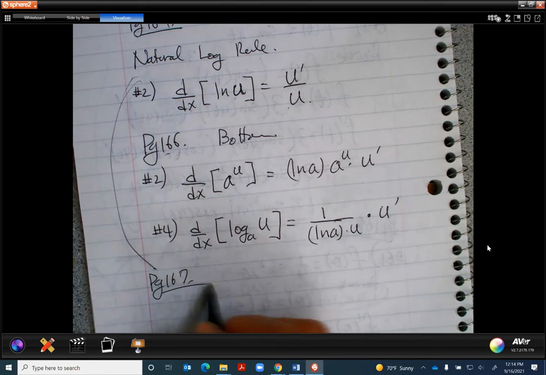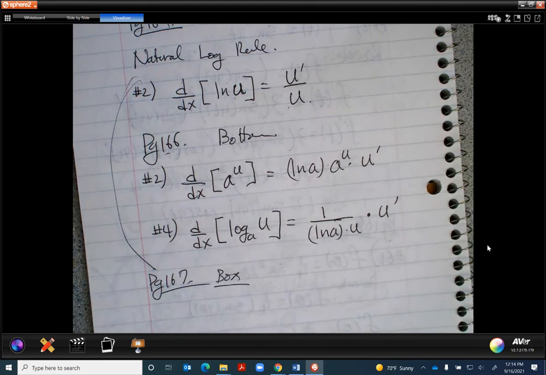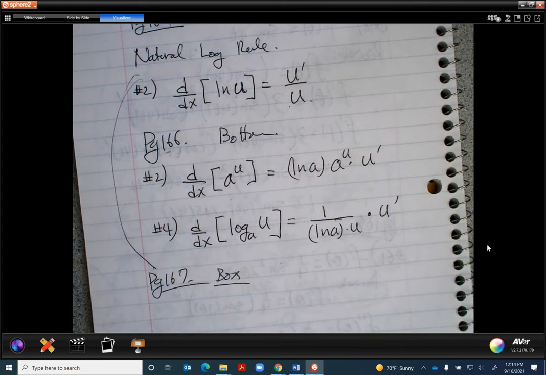Do you see that large box? Those are all the rules that we have learned up to this point. Out of all of those things, how many of them have you memorized? Which ones do you know? You need to memorize all of them.